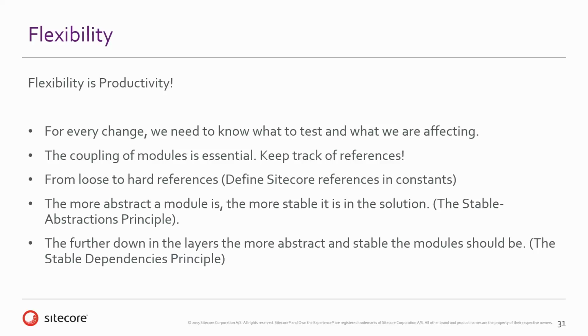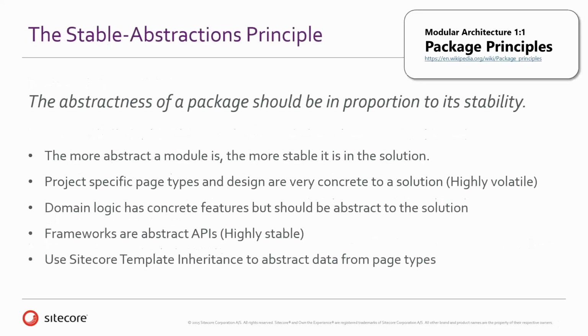So two of the principles that underlie this are the stable abstractions principle, which defines how abstract and how stable the modules are, we'll look into that, and then the layering, or the references downwards, so that we reference more stable modules from our more volatile modules.